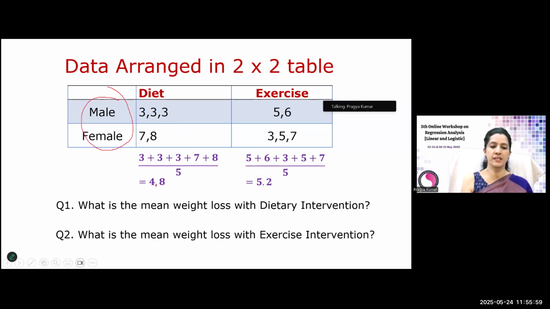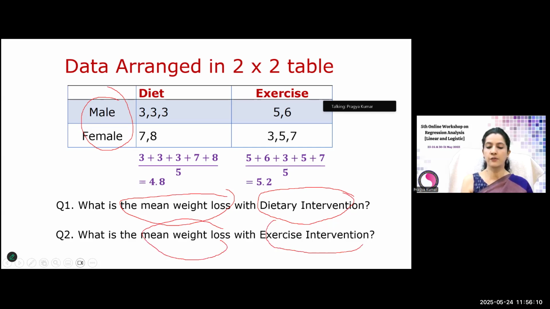We are only seeing the mean weight loss in the dietary intervention and in the exercise intervention. Seeing this, you can comment that yes, the mean weight loss in diet is less and in exercise is more. Can you comment like that? Please answer yes or no. Yes, ma'am.